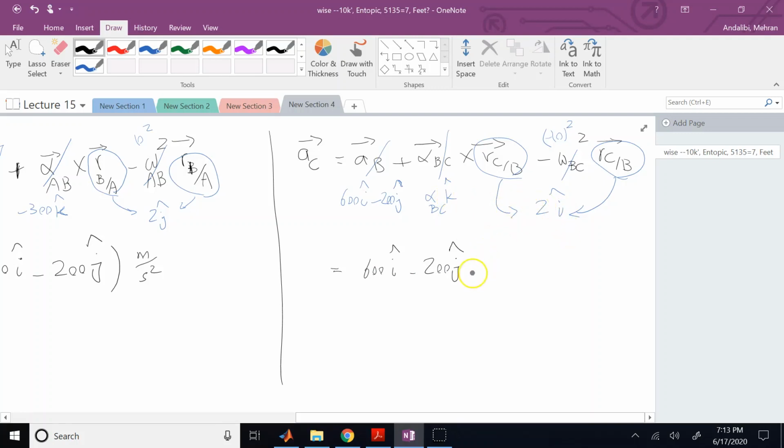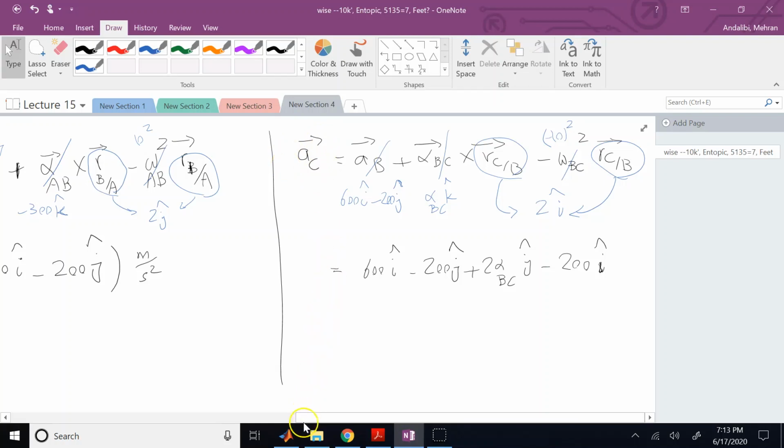Which is J, so you're going to get 2 alpha BC J, and then minus 200 I. Yes?